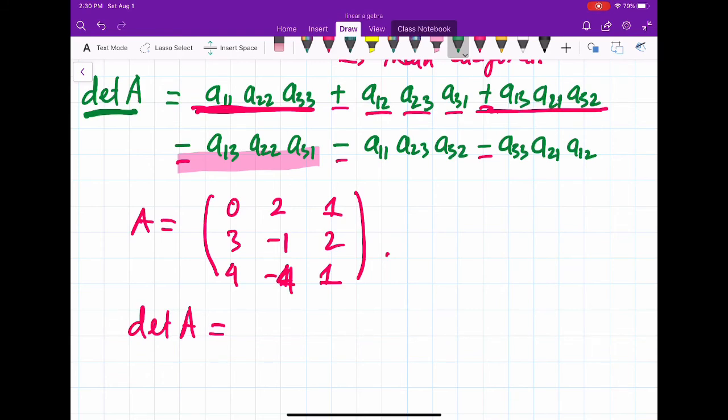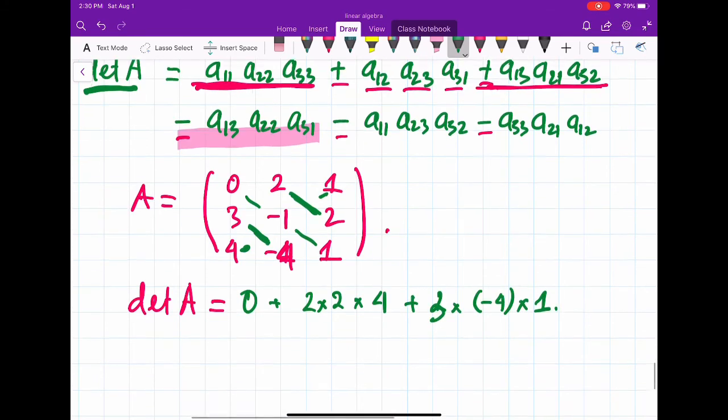So I start from the main diagonal. 0, negative 1, 1, I got 0. Next, 2, 2 with the 4, so plus 2 times 2 times 4. And then 3, negative 4 with the 1, plus 3 times negative 4 times 1.